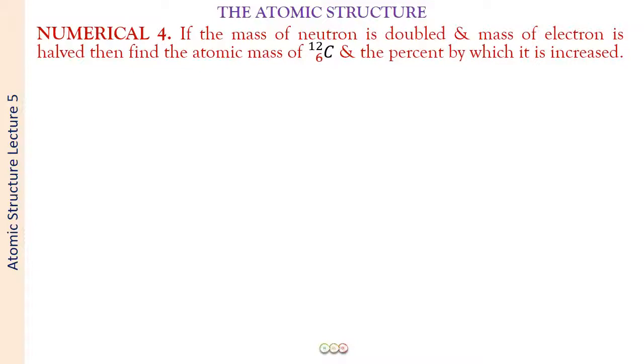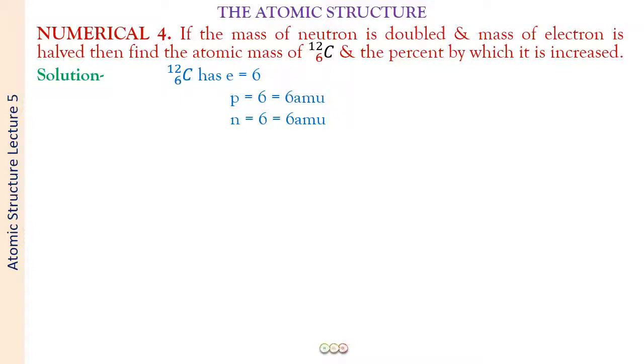Now the next question says that if the mass of neutron is doubled and the mass of electron is halved, find the atomic mass of C-12 (carbon with atomic number 6, mass number 12) and the percentage by which it is increased. So we have carbon, which means it has 6 electrons, 6 protons and 6 neutrons. The mass of the atom is contributed by the protons and the neutrons.